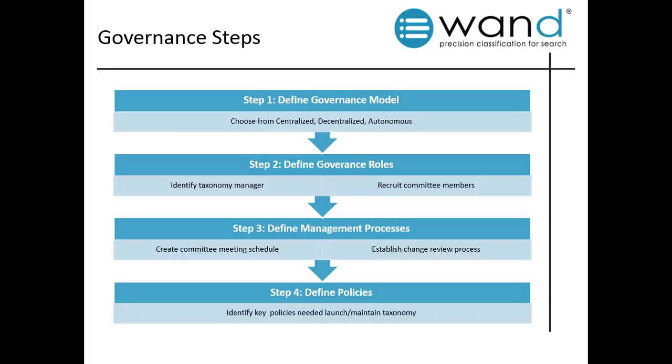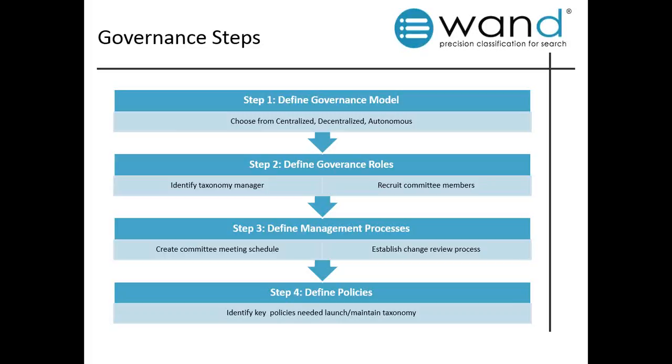Step 3, how are you going to manage the taxonomy? Is it going to be a simple thing where you just let everybody add their own keywords and tags and use enterprise keywords? Hey, there's pros and cons to that. As a trained taxonomist, I'm not necessarily a huge fan of folksonomies and allowing people to do that, but there's value to it. I get that, but you've got to figure out how you are going to manage the process for making change. Is there a process you're going to set up that says twice a year we'll go through and review all candidate terms and make updates, or do we do it based on somebody screaming loudly?